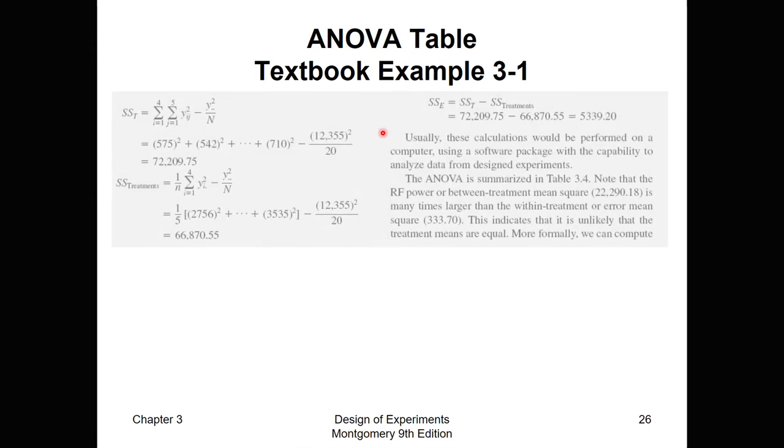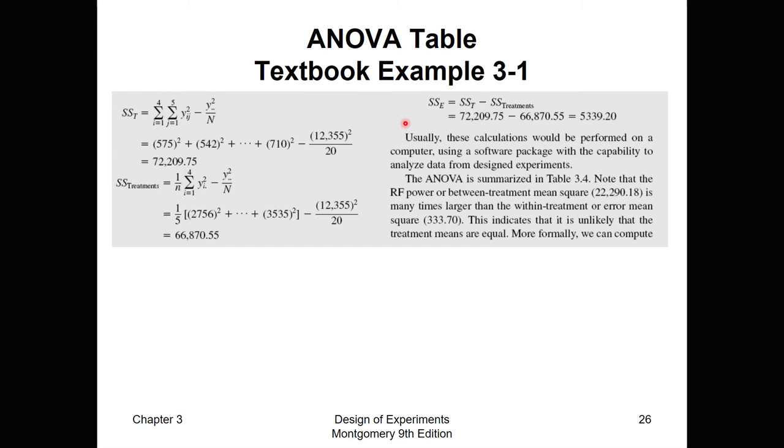So in our textbook example, we have the data from what we were looking at. Recall, we were looking at the etch rate given these different powers. So we found the sum of squares total, we found the sum of squares treatment, and then we subtracted them to get the sum of squares of the error. And recall that we know sum of squares total equals sum of squares treatment plus sum of squares error.